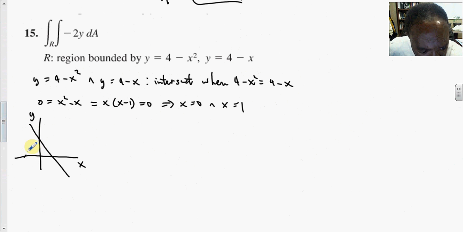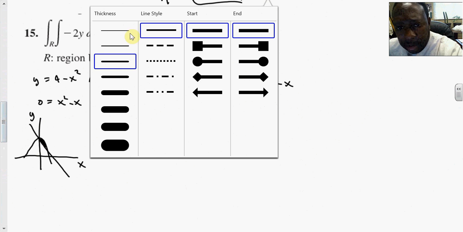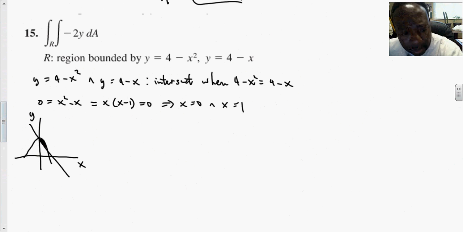So this guy is doing that. And so the intersection and the region that's bounded is here. x equals 0, x equal to 1 is what we need.